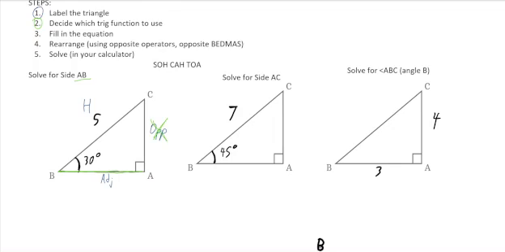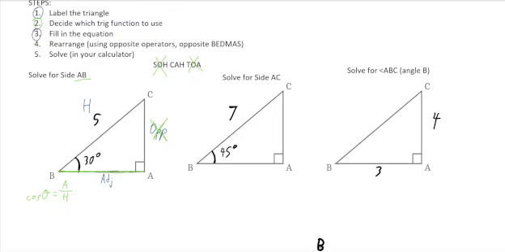We don't care about the opposite. Since we don't care about the opposite side, we're going to cross out the trig ratios that use the opposite side. We're going to use the cos trig ratio. So cos of theta equals adjacent over hypotenuse. Okay, this is pretty much going to look the same for all of them.